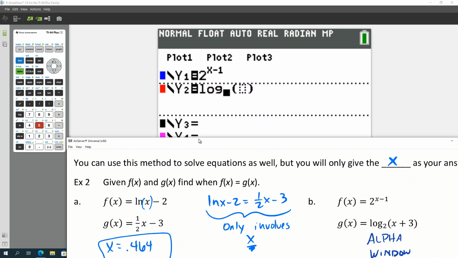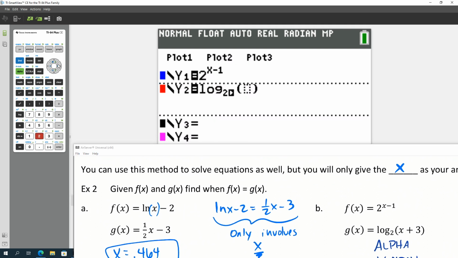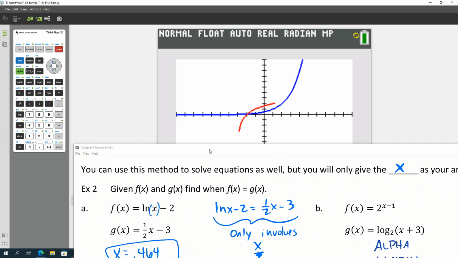All right, and then we'll just fill in all the stuff from our function. All right, there it is.